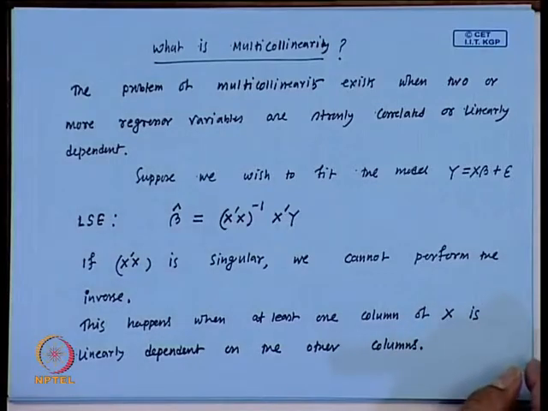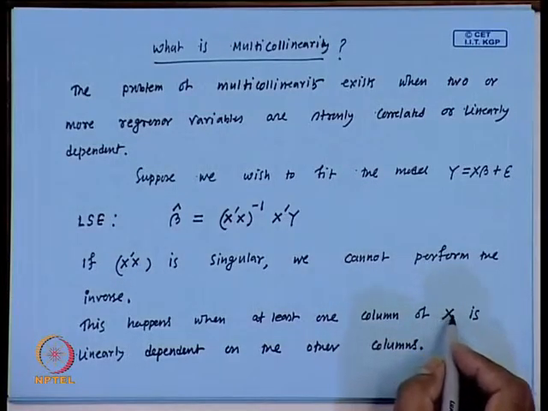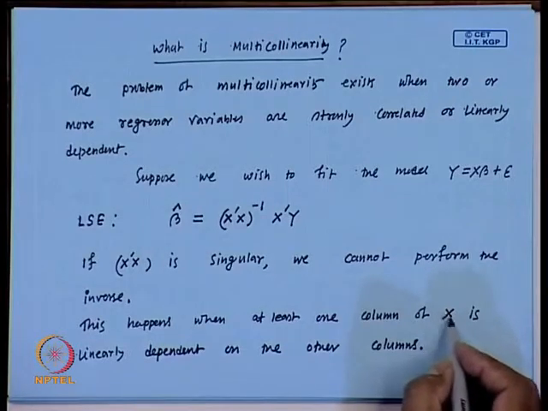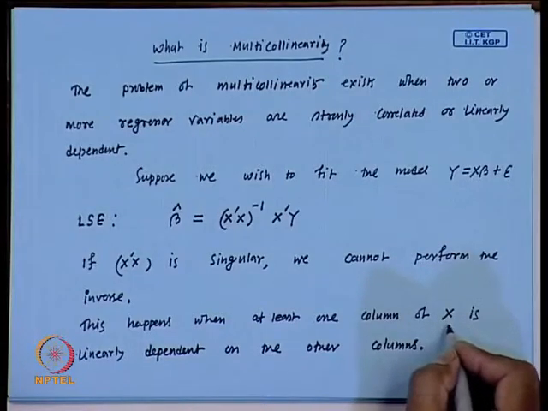Okay. So, that means the ith column of this matrix X stands for the ith regressor variable.